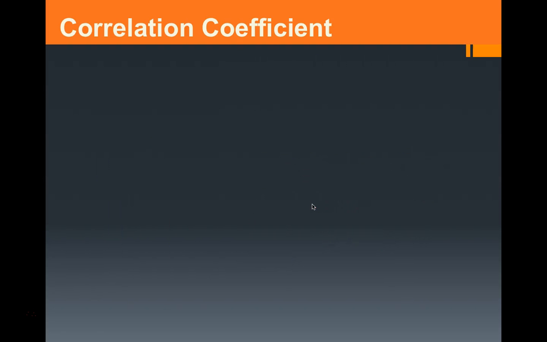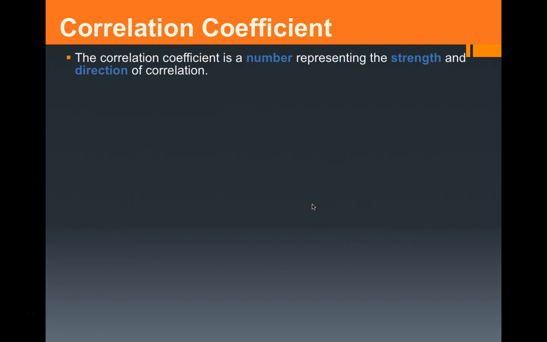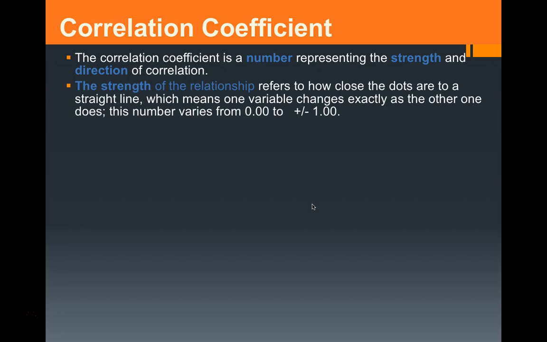Okay. So the correlation coefficient, getting back to that, is a number representing the strength and direction of correlation. The strength of a relationship really refers to how close the dots are to a straight line, the dots on what's called a scatter plot.